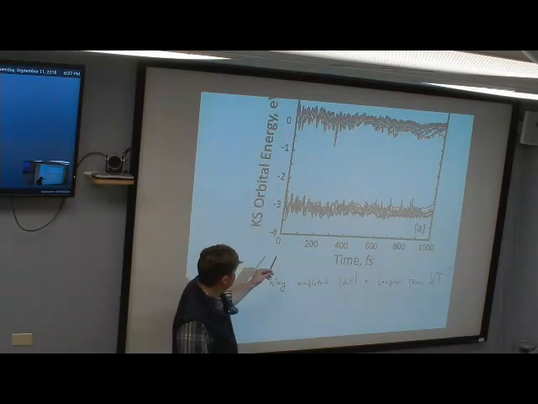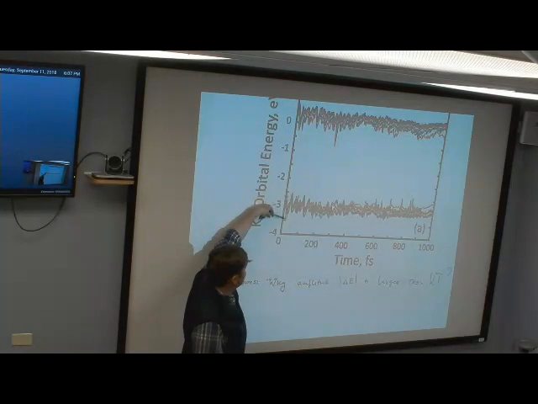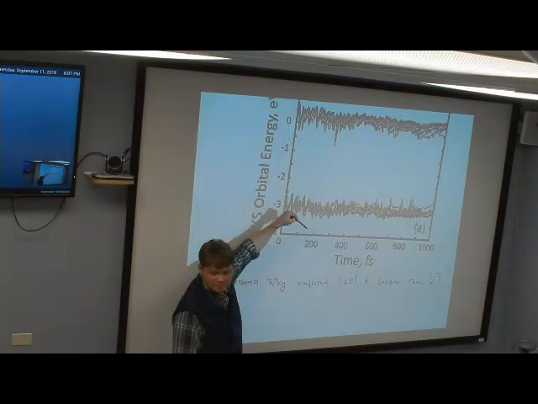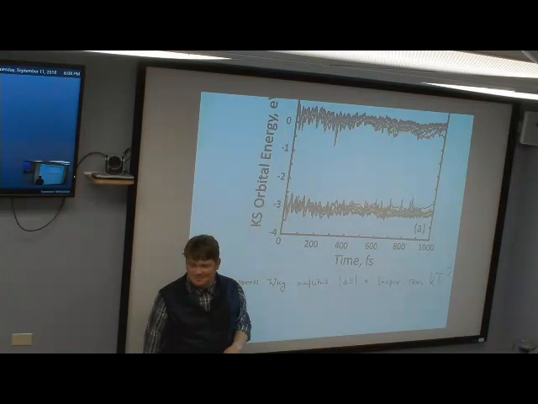So if it is for 300 Kelvin, which is like 0.03 of electron volt, why is the amplitude here like 0.5 electron volt? Just develop your own answer.